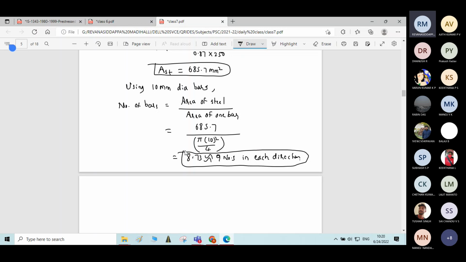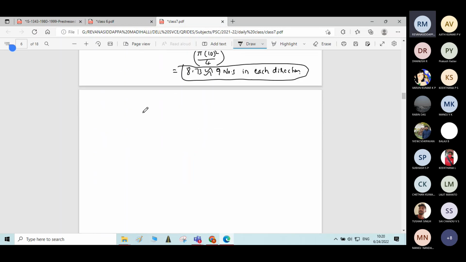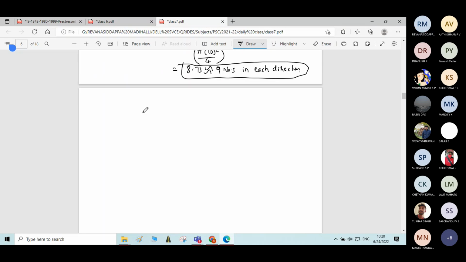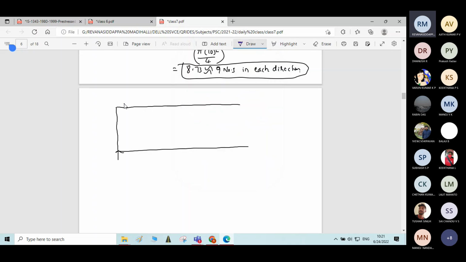Finally, you need to write the reinforcement details at the end block. Draw the longitudinal section of the beam. This is one end of the beam, which is simply supported. We'll leave some cover here.